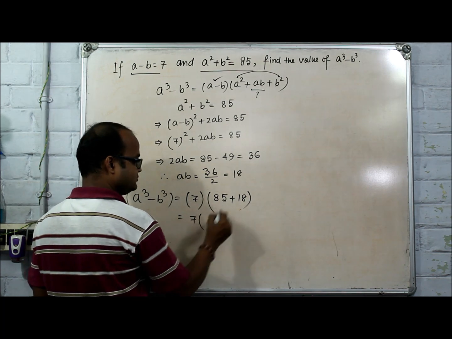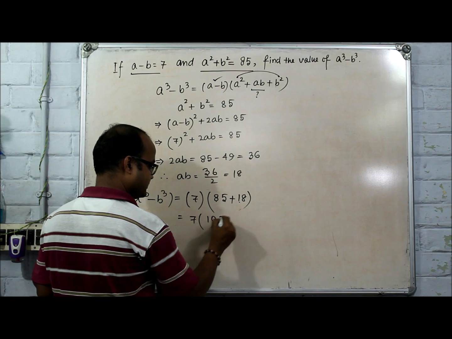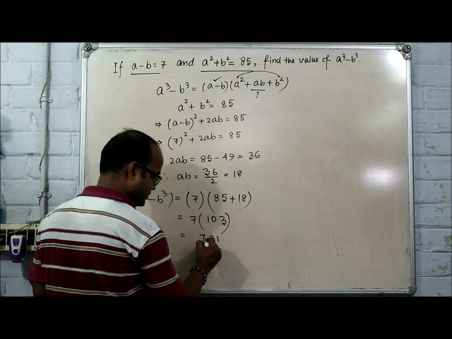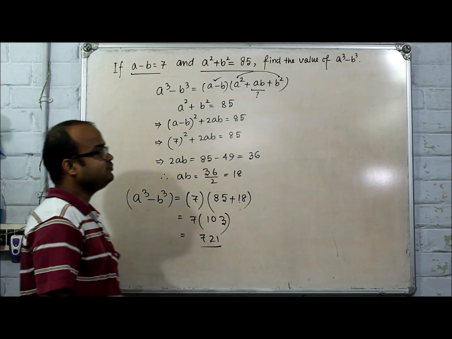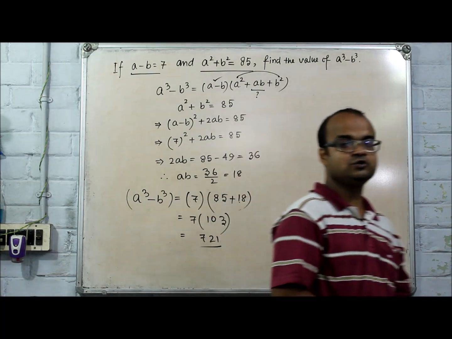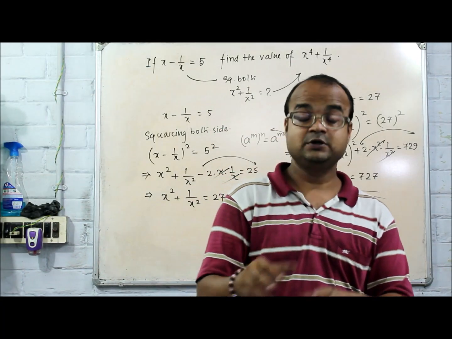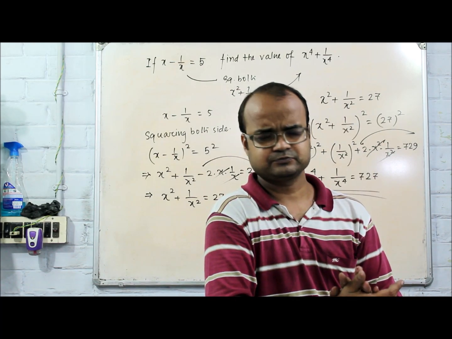So 7 into 103. If you multiply, you will get 721. So the value of a cube minus b cube is equal to 721. Hope you have noted down all the sums and you understand.